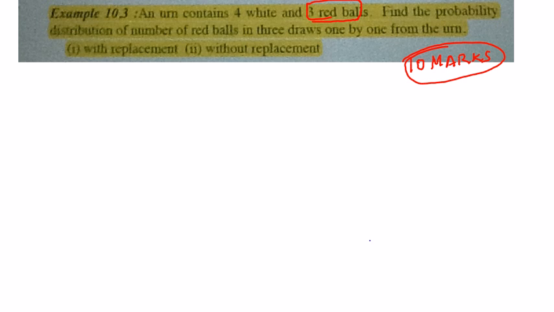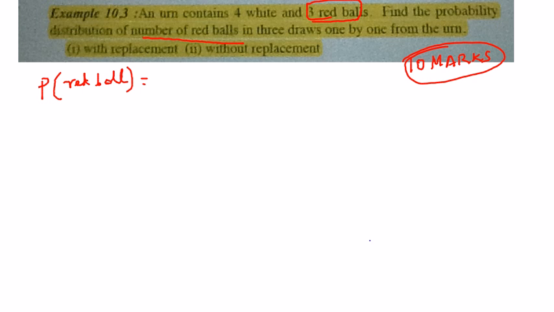So there is a big basket or urn, with 4 white and 3 red balls, and you're given 3 draws, that is 3 times you're going to take a ball from inside. Now what is the probability distribution of the number of red balls that you will get in the 3 draws?